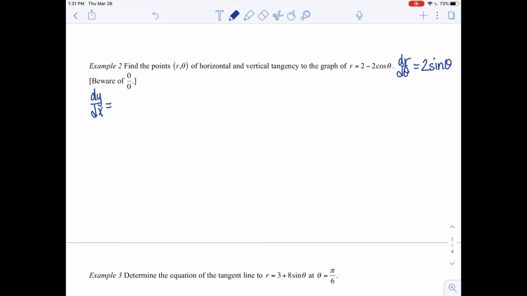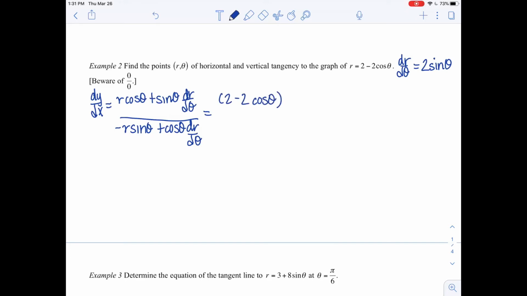And then we're going to use that same formula we just used in the last problem. dy dx comes out to be r cosine theta plus sine of theta dr d theta, all over negative r sine theta plus cosine theta dr d theta.